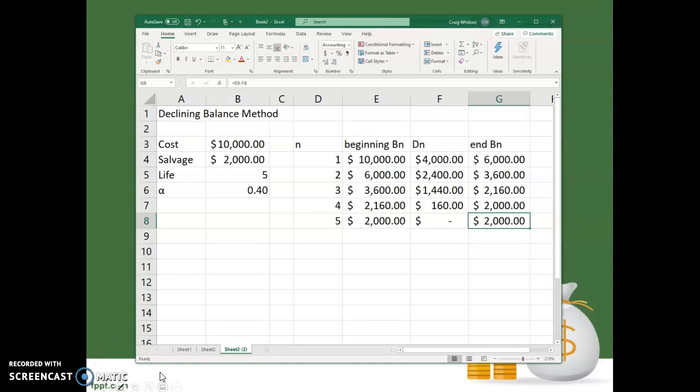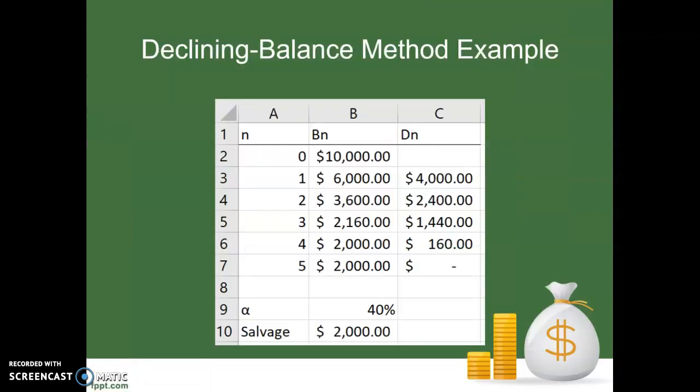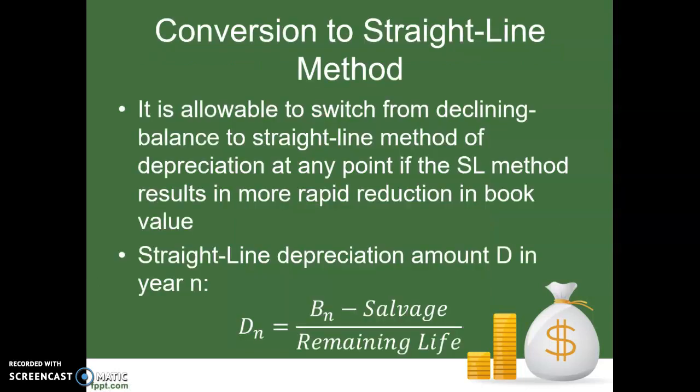Okay, we've got one more method of book depreciation to look at, so let's take a look. Okay, I almost forgot here. Before we get to the third method of book depreciation, it is allowable to convert at any point in time between different methods of depreciation.